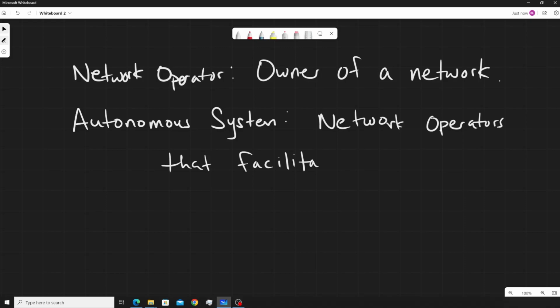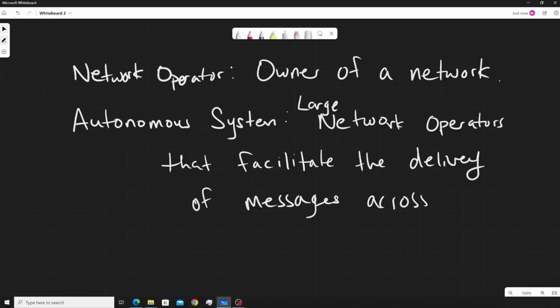In fact, I should put large here. Large network operators that facilitate delivery of messages across the internet. So your ISPs typically. But there are other ones, including just internet backbone companies like Cloudflare.